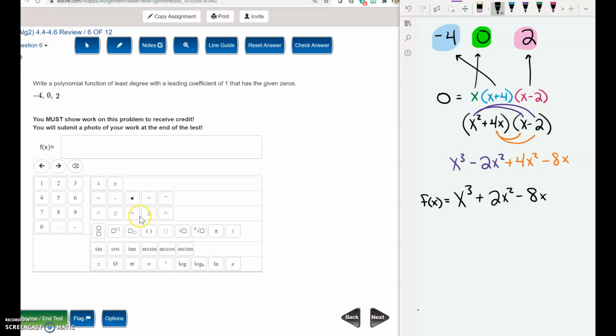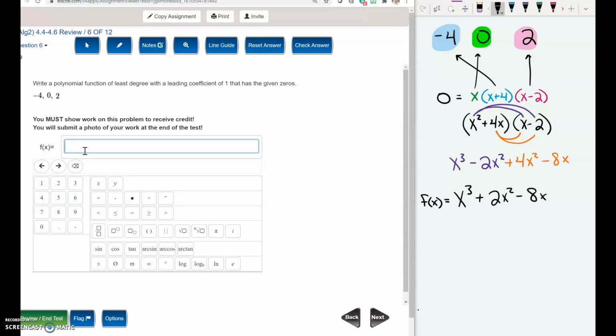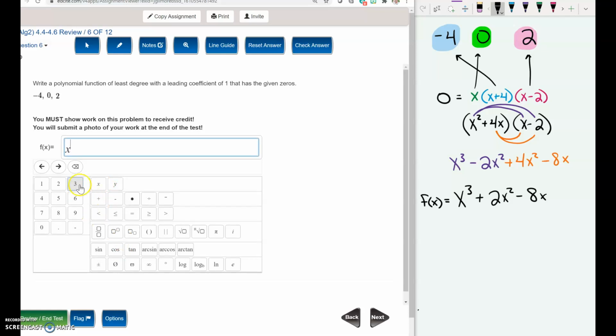And you can use these buttons below your answer to write this out, or you can use the keys on your actual keyboard. I actually find that the buttons here are easier. So x to the third, we push the exponent button, and then the third.